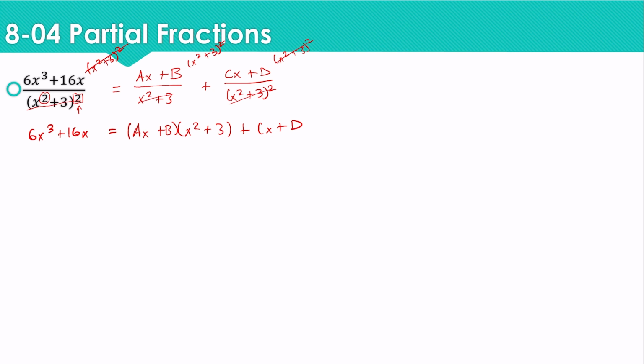This one, we cannot do convenient values because we can't even get rid of the 3 with the x squared without using imaginary numbers. So we're going to have to multiply this out and make a system of equations. So I have ax cubed, bx squared, 3ax, and 3b.